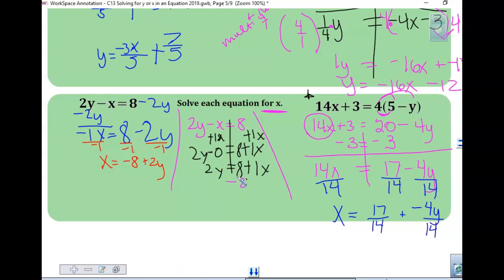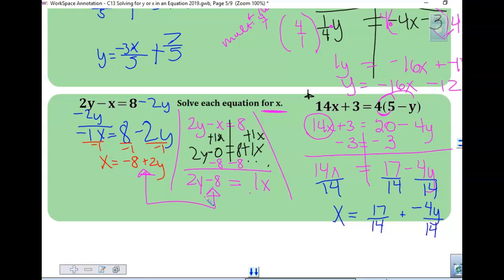So here's my hint. When you had this right here, Jared, you could have subtracted 8 right here and right here from the 0. Then I would have had 1x, this would be 0, right, equals 2y minus 8. Is that the same as this? Yeah.